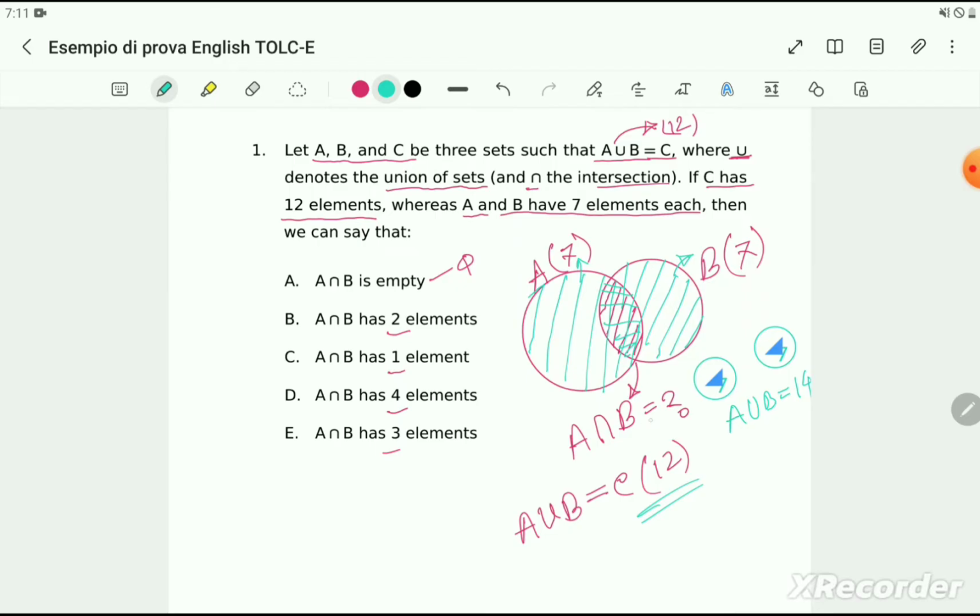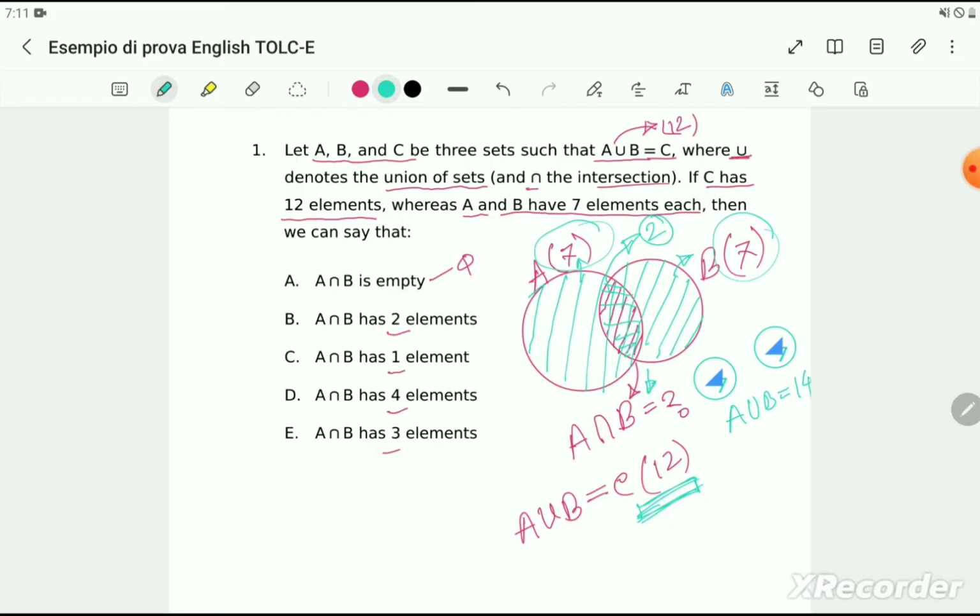But in this problem we have a common area, and here the union is 12 but the total count is 14. That means there are some shared values, so we can guess it is 2.